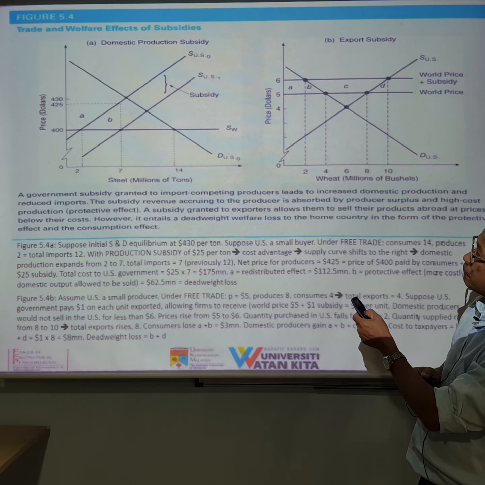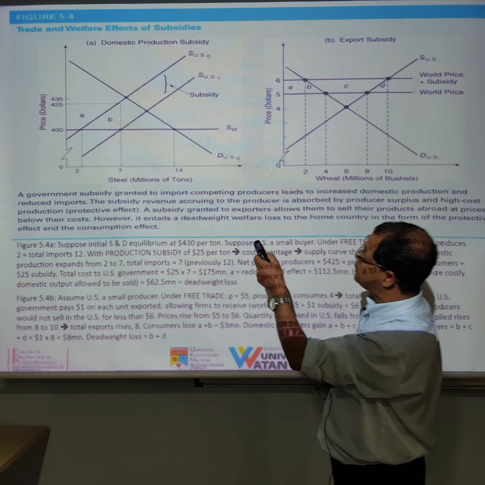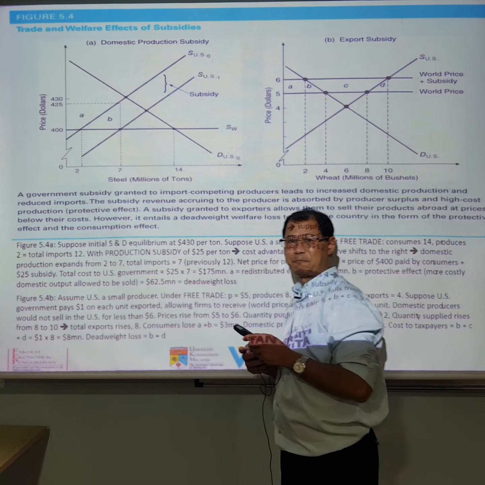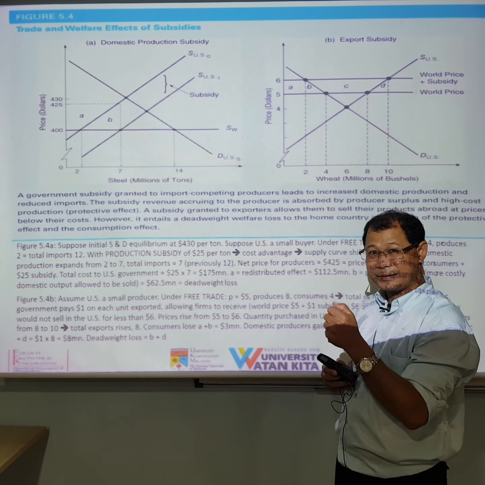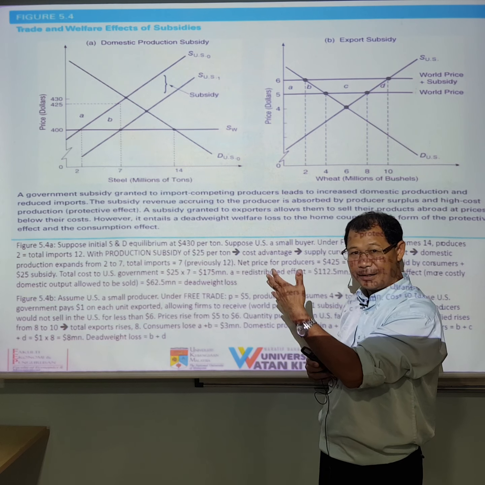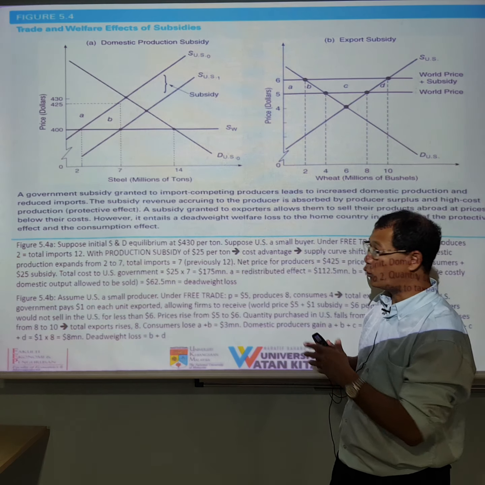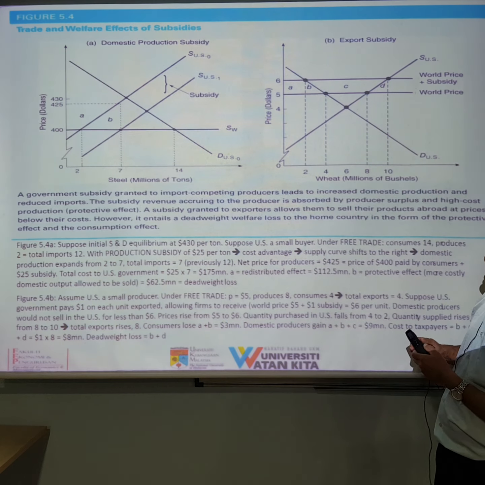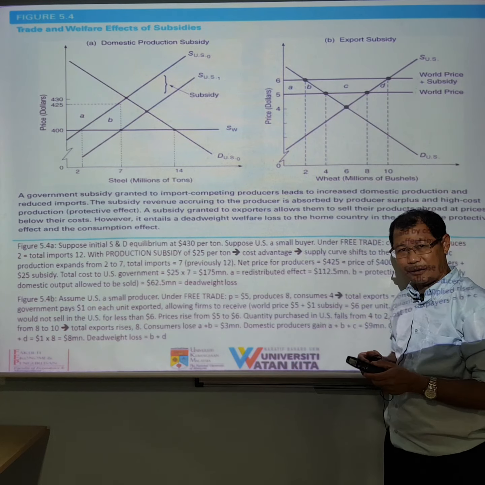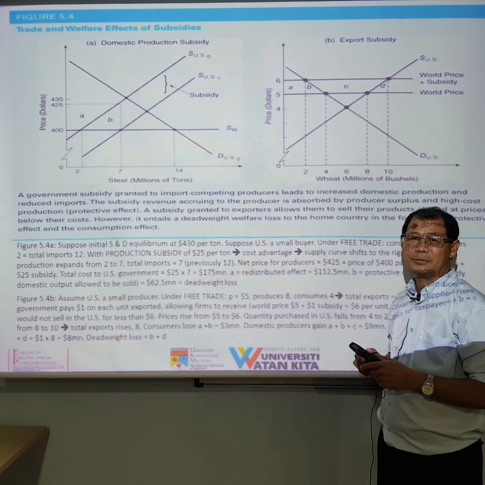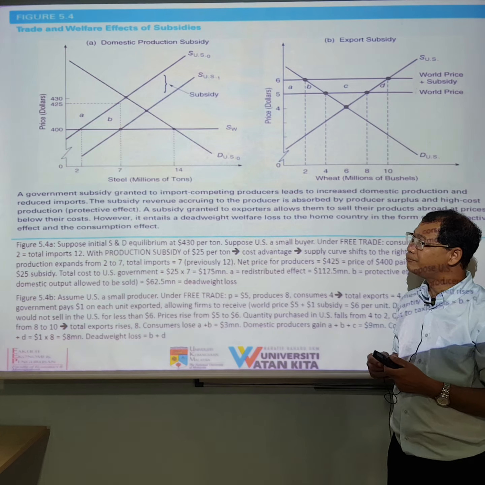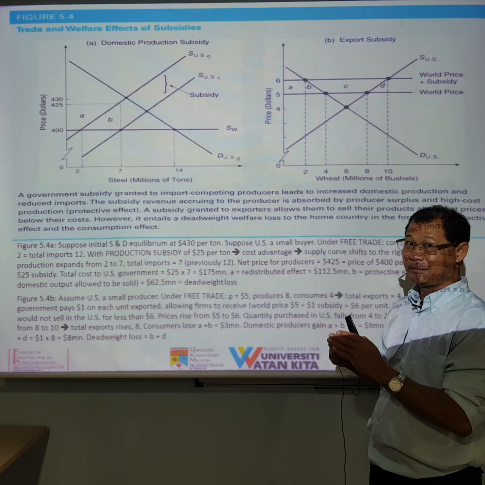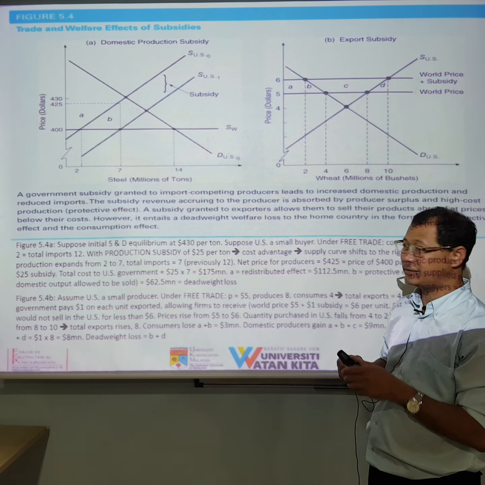Now, production subsidy, domestic production subsidy, has only one side of the deadweight loss, so it is less damaging than tariff, because there is one deadweight loss only. However, export subsidy has two deadweight losses, similar to tariff. Bad also, but less bad than domestic production subsidy. But still bad, because free trade is the best.